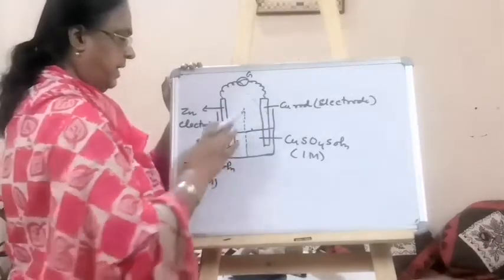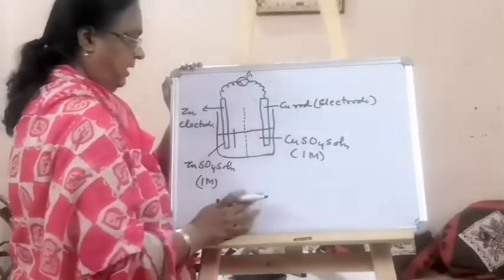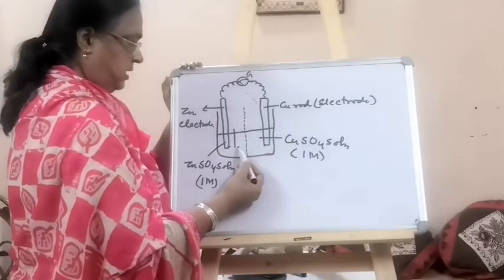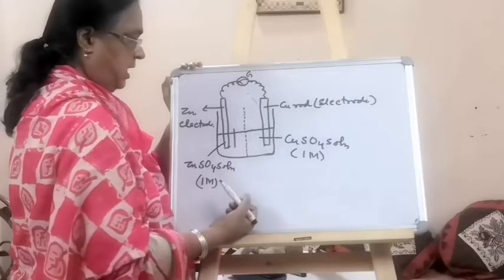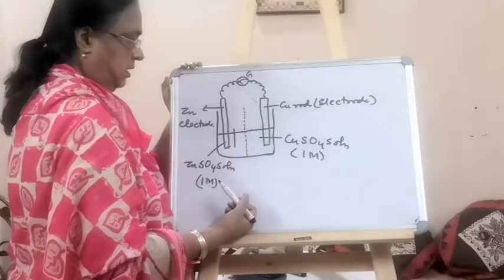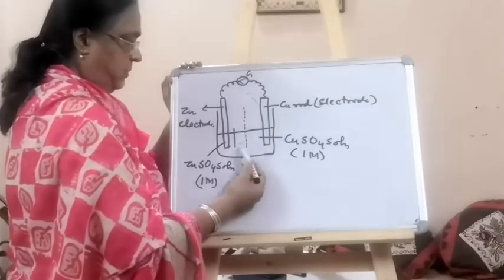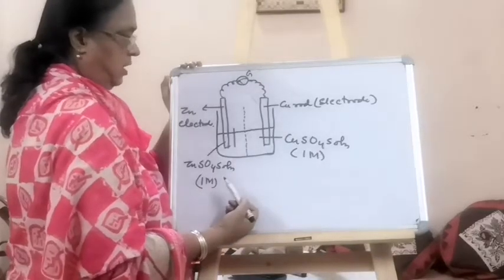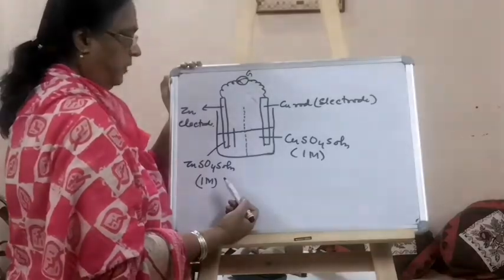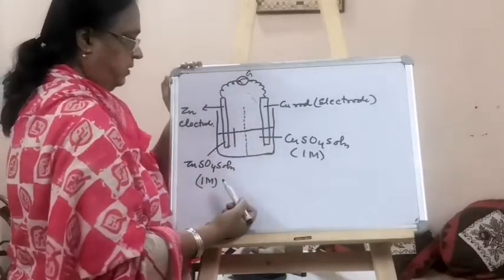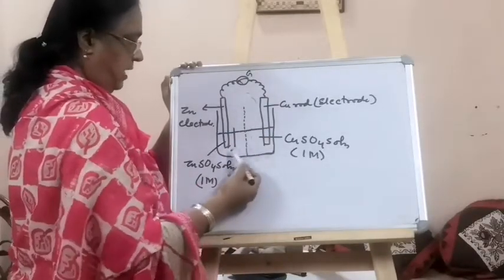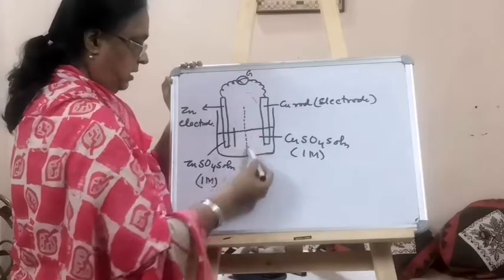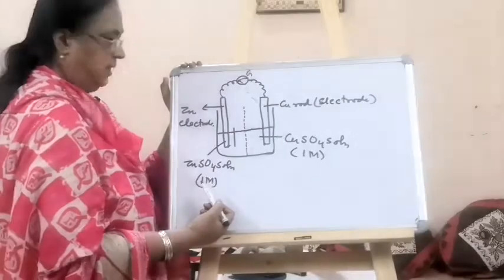This porous plate allows ions to flow from this side to that side or from that side to this side, but it does not allow the physical mixing of the two solutions. It is a partition, so they are not in direct contact. Oxidizing and reducing agents are not in direct contact, they are separated.